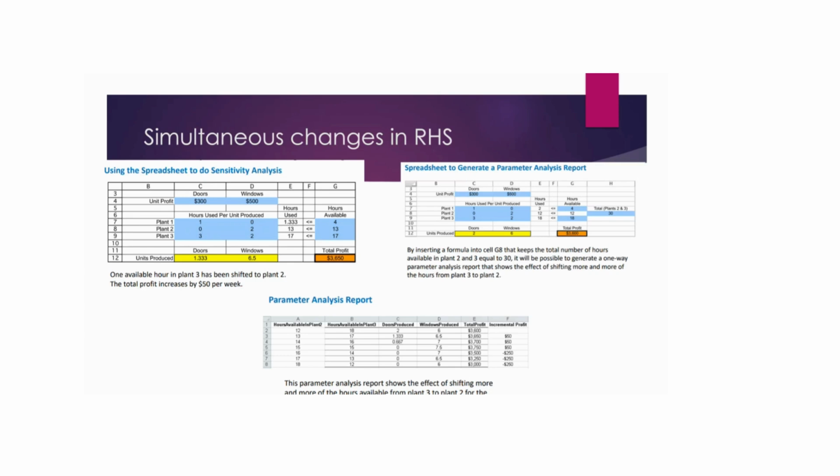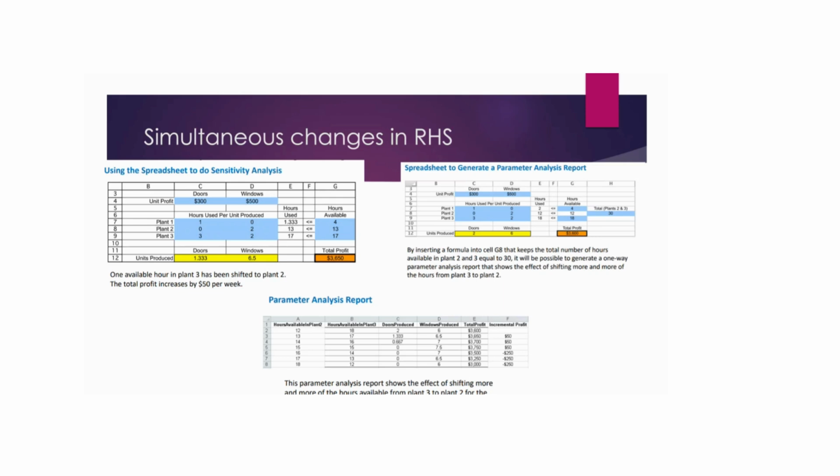It will be possible then to generate a one-way parameter analysis report that shows the effect of shifting more and more of the hours from plant 3 to plant 2, and that is being shown below. So we have columns A and B, which show the transfer of hours within the two plants.